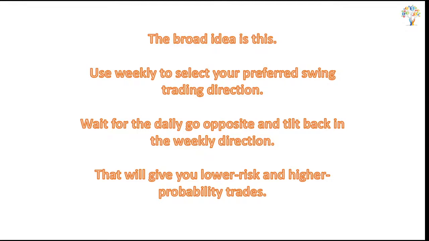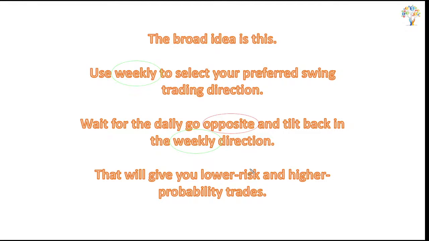The broad idea is this: use weekly to select your preferred swing trading direction. Wait for the daily to go opposite first. That is, if the weekly is bullish, wait for the daily to go opposite, bearish first, and then tilt back to the weekly's direction, that is the same bullish direction.